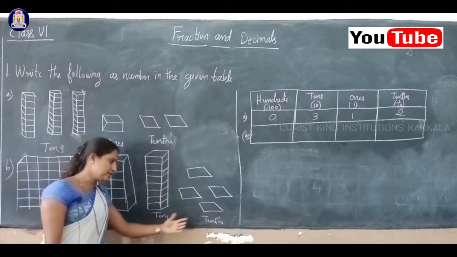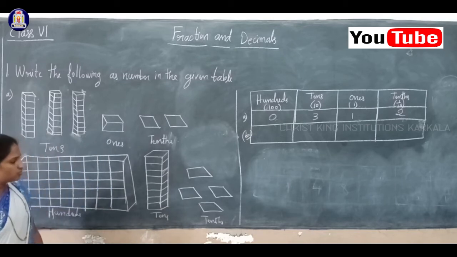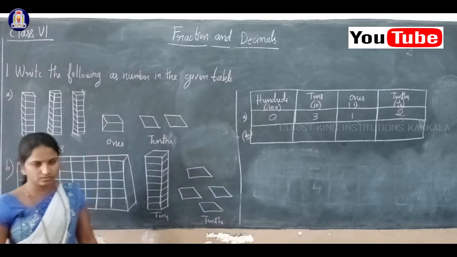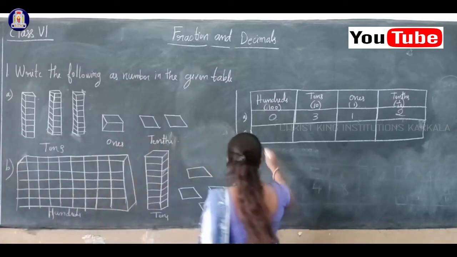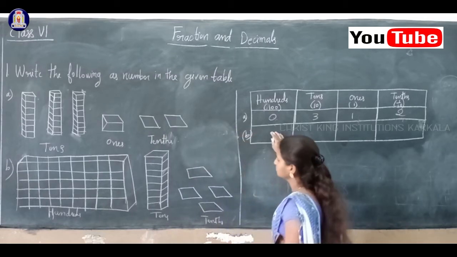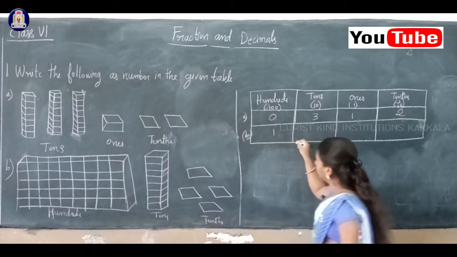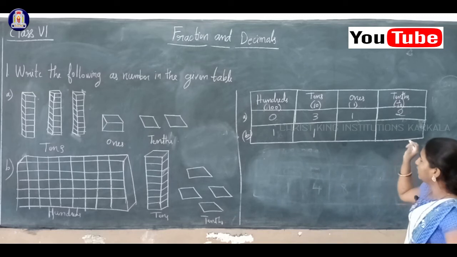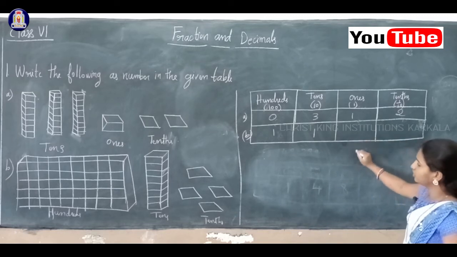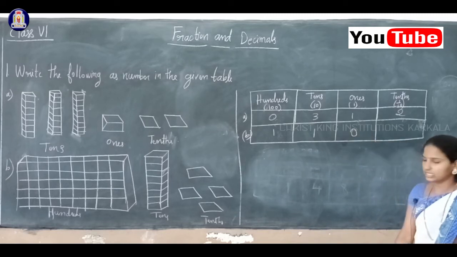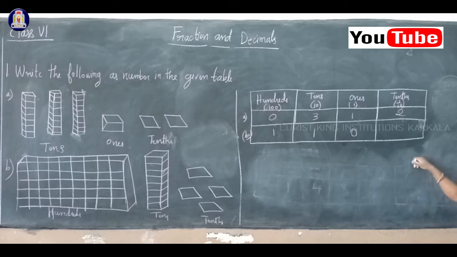Only 1 ten. And how many tenths are there? 1, 2, 3, 4. Now we can write B. Hundreds only 1 and tens also only 1. Next, there is no unit place, so 0, and tenths are given as 1 by 10. How many? 4. So we can write a 4.